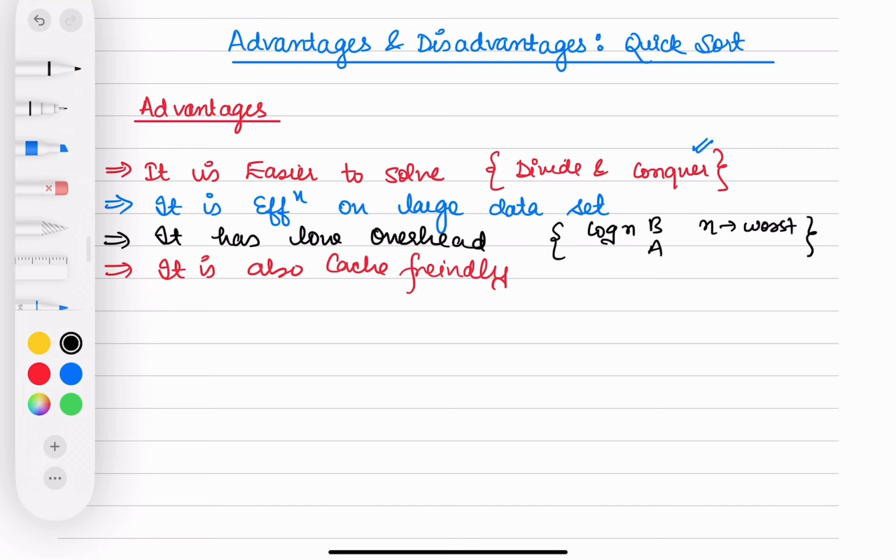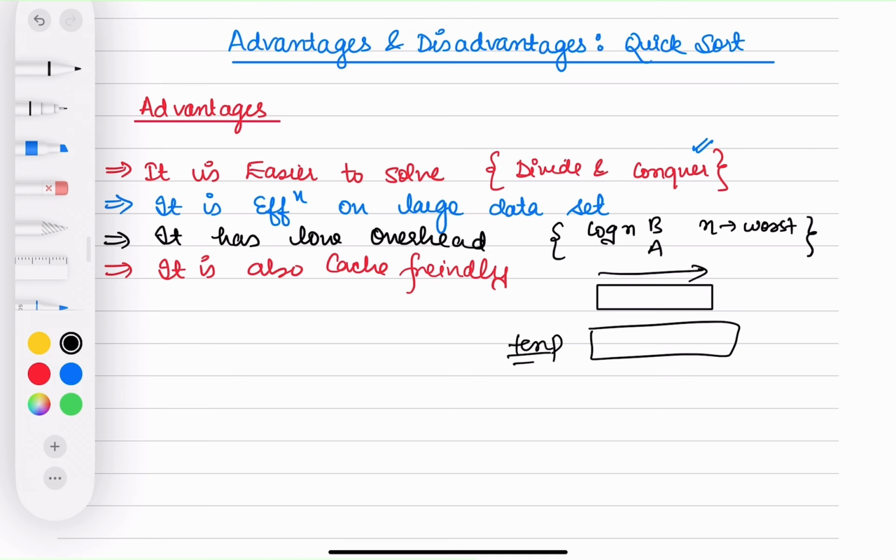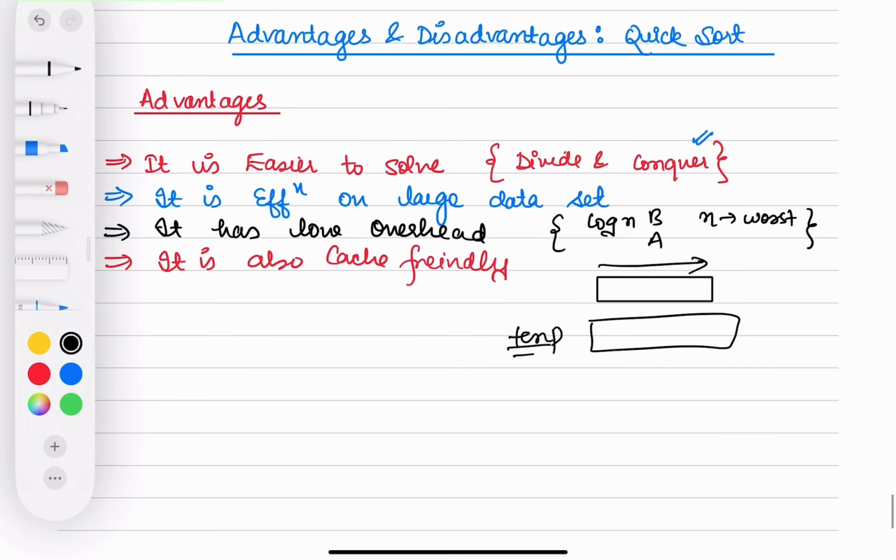Remember naive partition, where we used to iterate through the array and create a temporary array, put all the elements less than the pivot, then the pivot, then all the elements greater, and then copy back. But we were not doing that, we were using Hoare's partition, right?